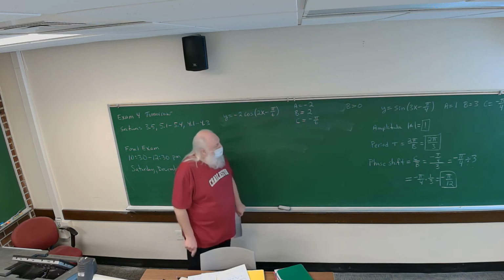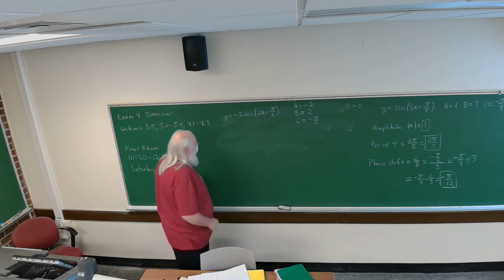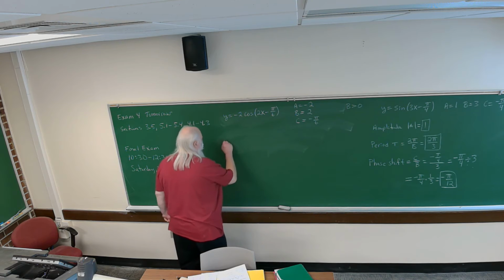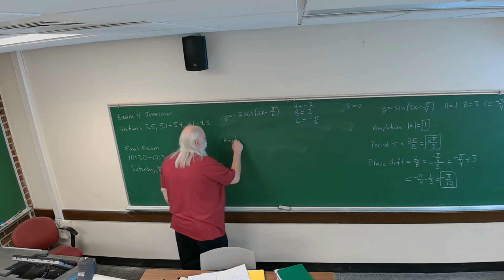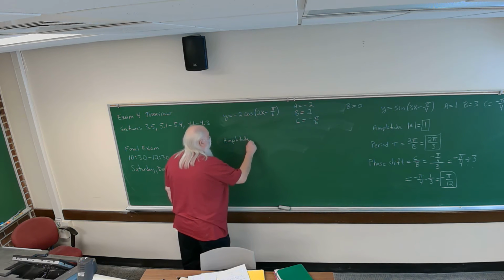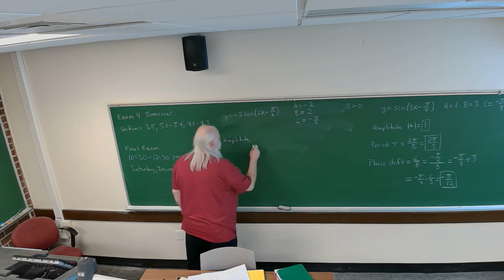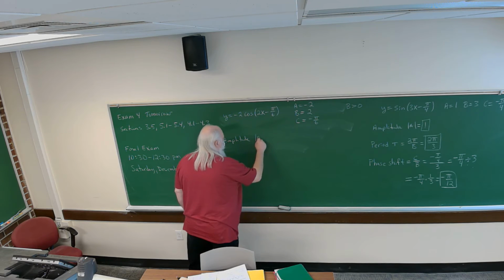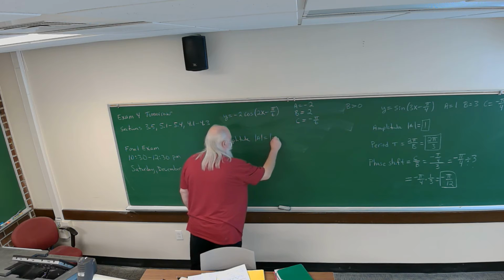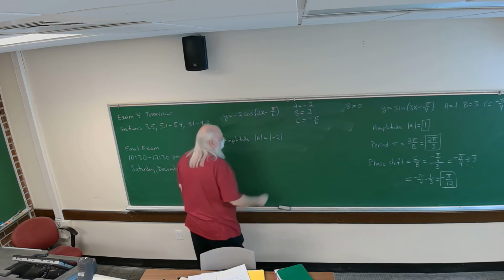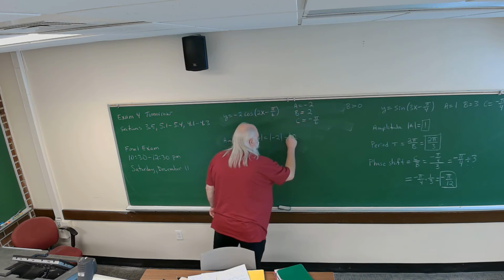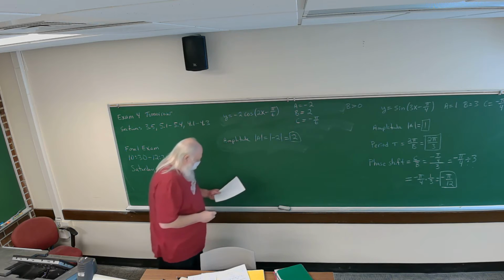Okay? So the amplitude of the graph of this transformed cosine function is equal to the absolute value of a, which is the absolute value of minus 2, which is plus 2, okay?